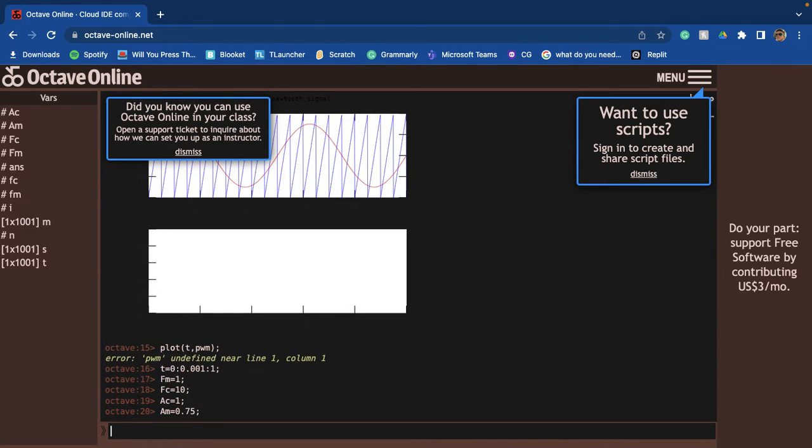The equation of the sawtooth wave is S equal to sawtooth.